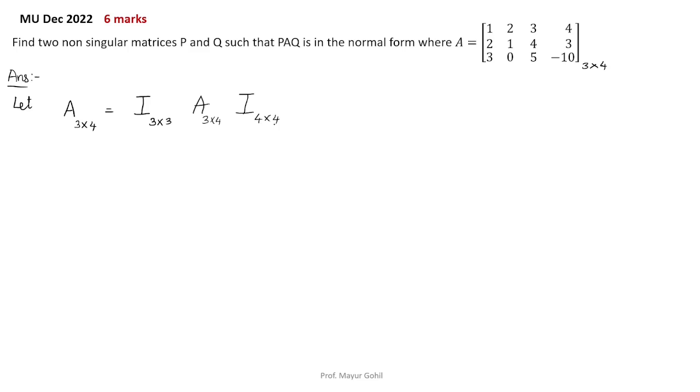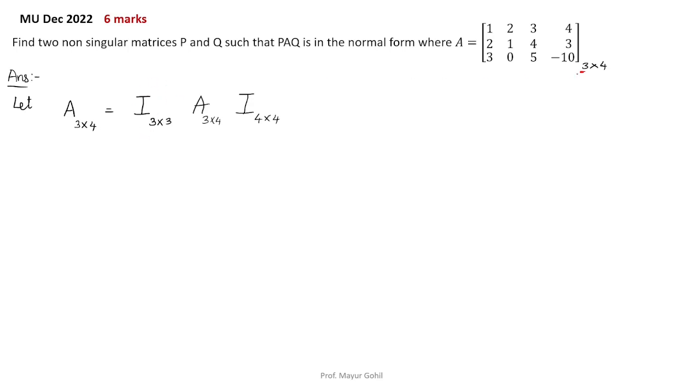Now how do we write this? This is very important. Whatever is the number of rows of the given matrix, that much is the order of the first identity matrix, which will be placed on the left of the matrix.